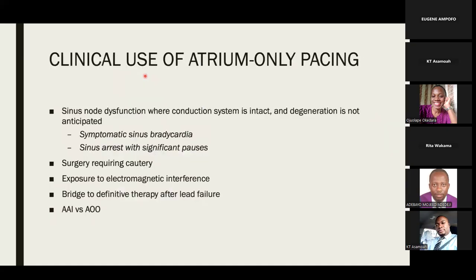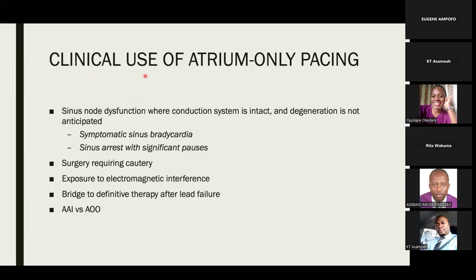So when do we use atrium only pacing? If you have SA nodal dysfunction and you are certain that the remainder of the conduction system is intact, and you do not foresee that there's going to be degenerative changes or ischemic changes that would later also affect the AV node, you can do atrium only pacing.